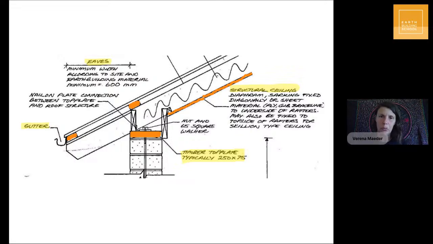So just see what is done typically and what kind of structure is required for the type of roofing that you want to put on your building. Some of you might want to create a green roof. That's great. It has a certain structure. It introduces a lot of weight. So if you're having a green roof, you're dealing with a heavy roof, and then all the roof members have to be specified in a much stronger way so that you can make sure that it's strong enough to carry the weight.